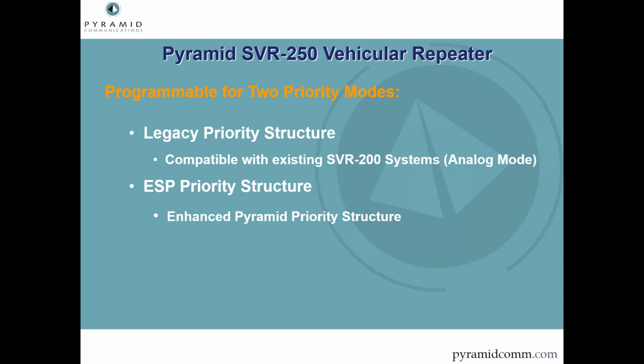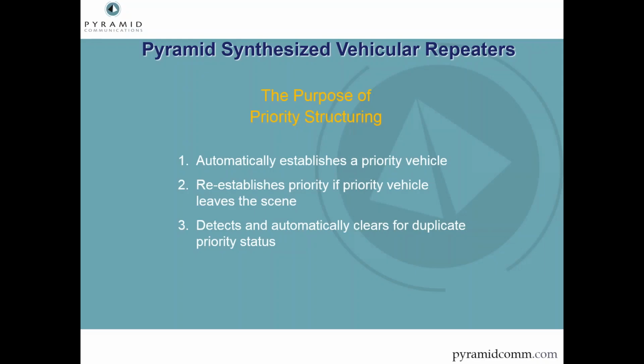What you really need to know is the details of the legacy structure and then the enhanced priority structure, which is the ESP structure. That's on all of the SVR 250 repeaters. So your SVR 250, your P250, your P255, and then also your 300 series, including the SVR N300 and SVR D300. Okay?